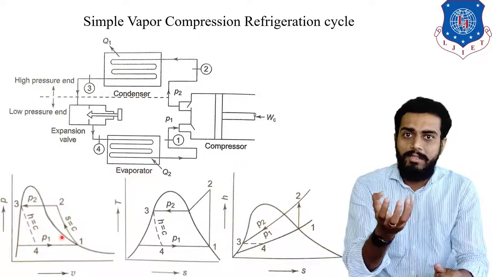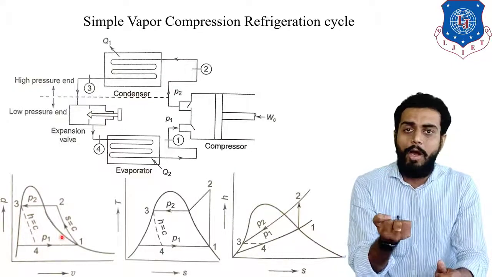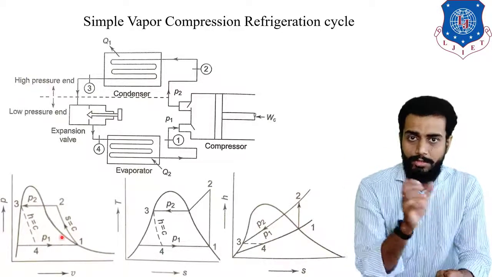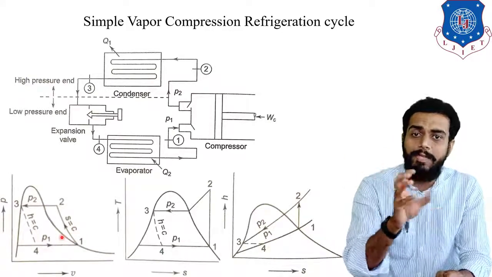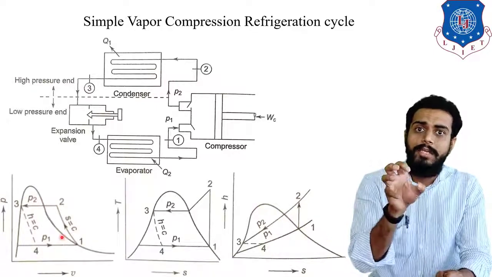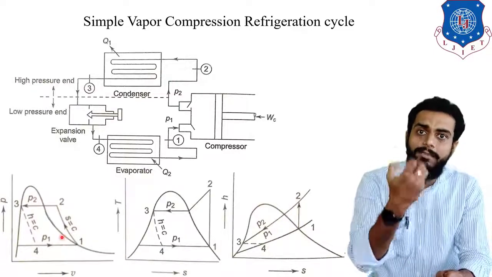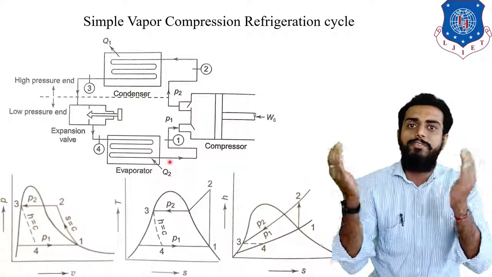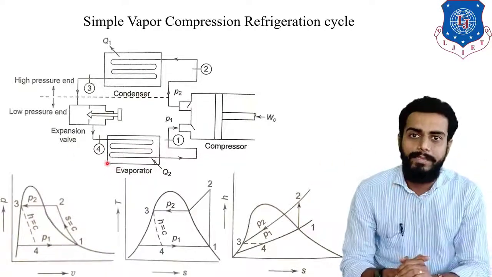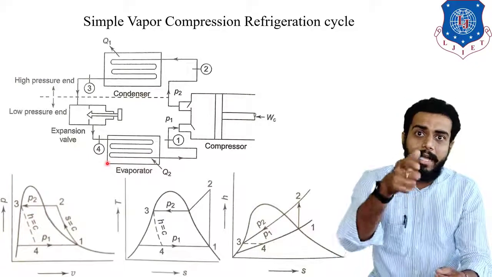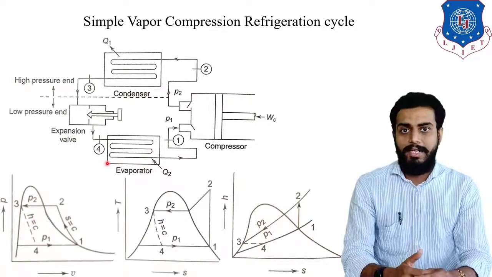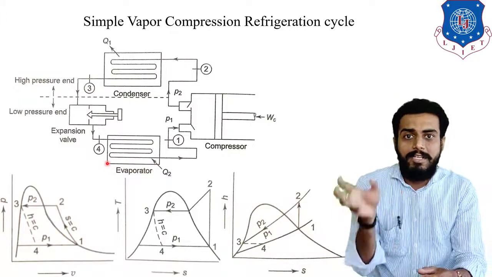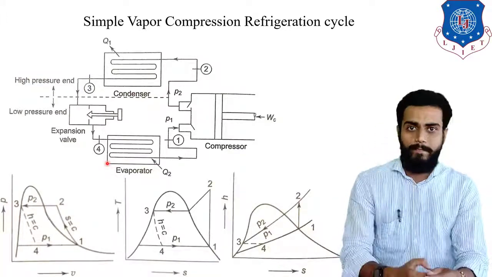Because the tendency of the refrigerant is to convert from liquid to vapor, and in order to do so, the refrigerant has to absorb heat. And this heat will be absorbed from where? From the refrigerator section. So we get the advantage that due to the latent heat consumption, our refrigerator section will get cooled down.